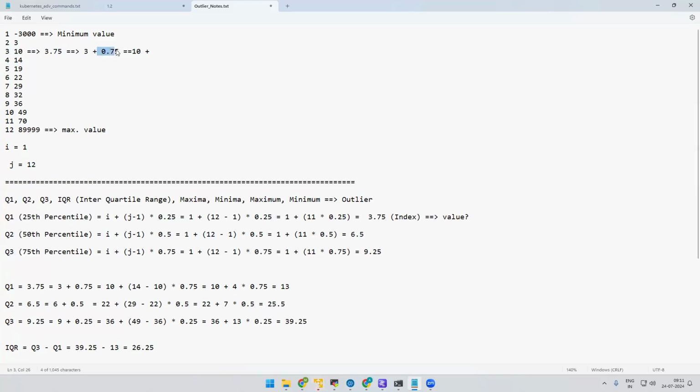That is the 0.75 portion of this difference. Got it?